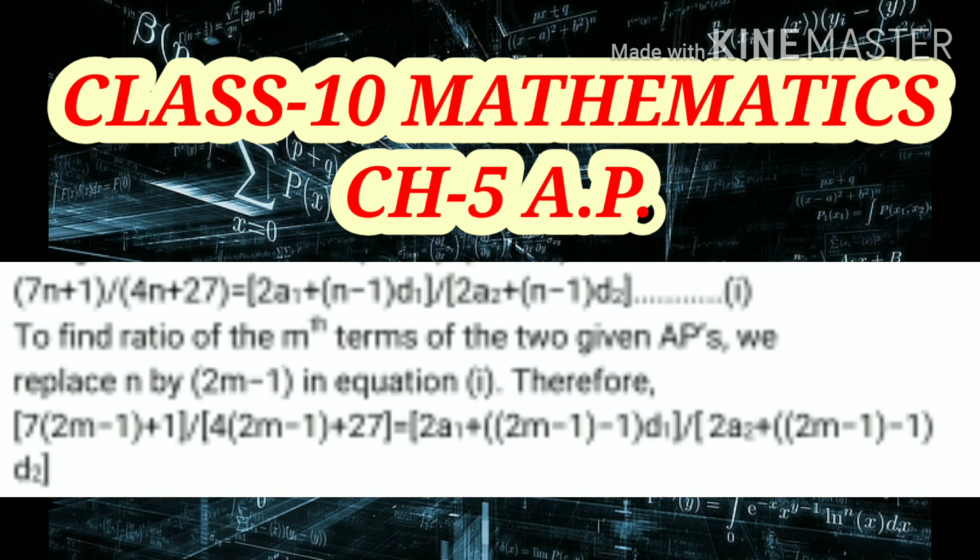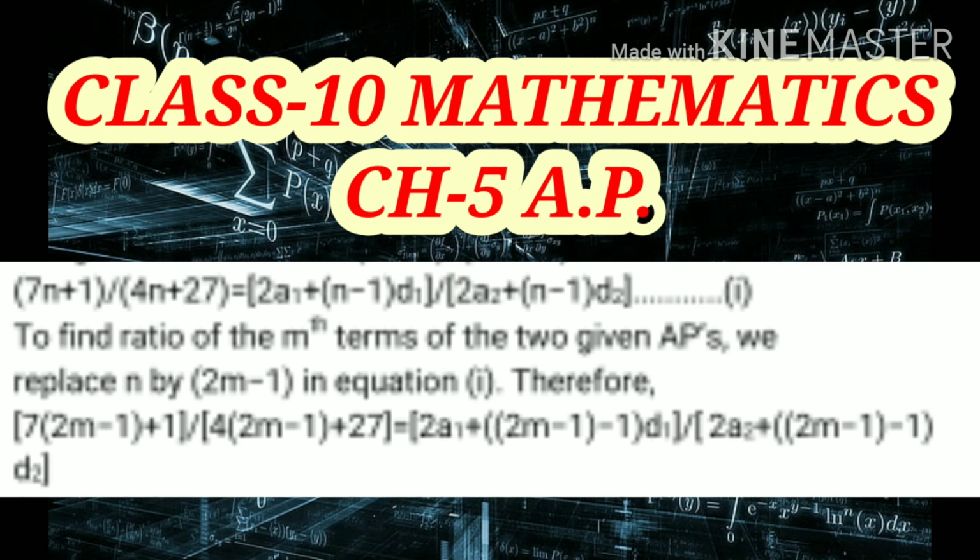Now children, to find the ratio of the mth terms of the two given APs, we replace n by 2m minus 1 in equation 1. That is, we can substitute 2m minus 1 in place of n.